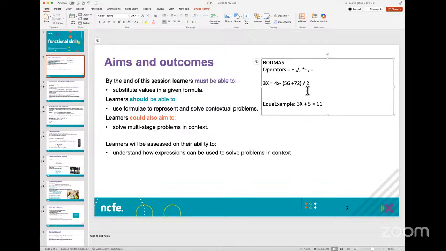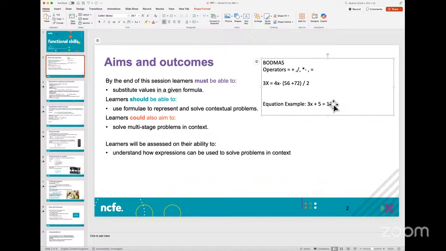When we look at this as an expression, we see that numbers and operators are being used to express some mathematical value, and when we solve these, we arrive at a solution for the equation.